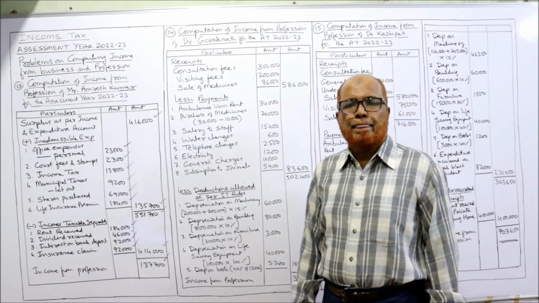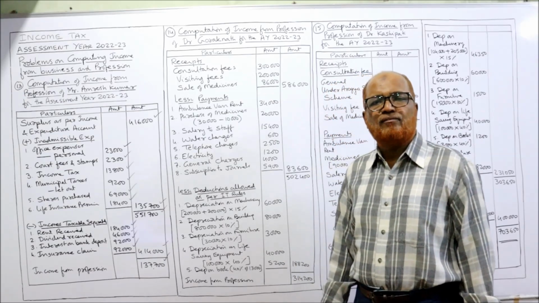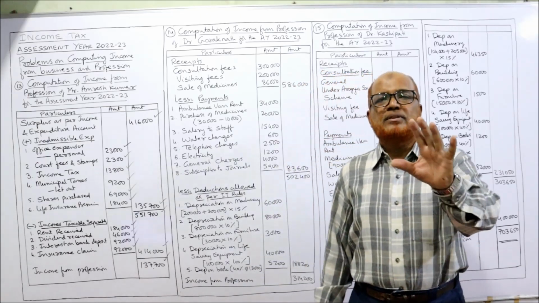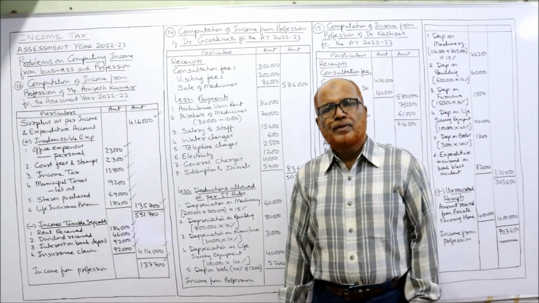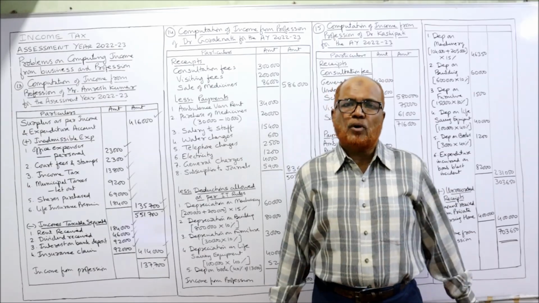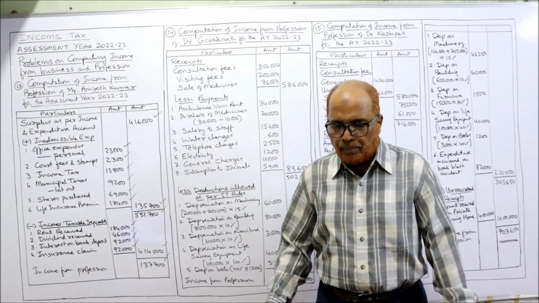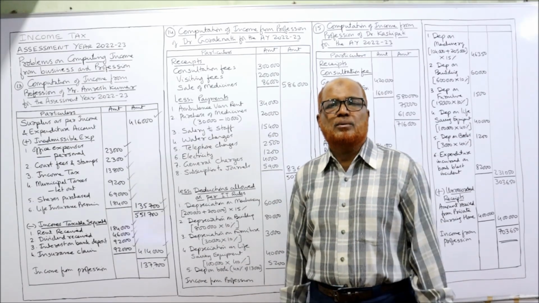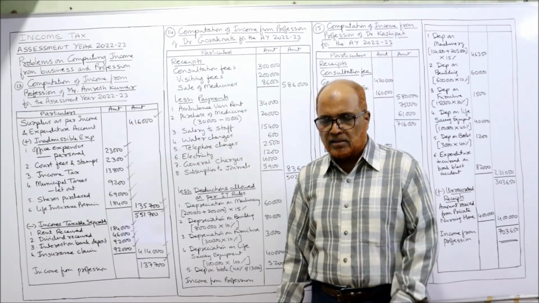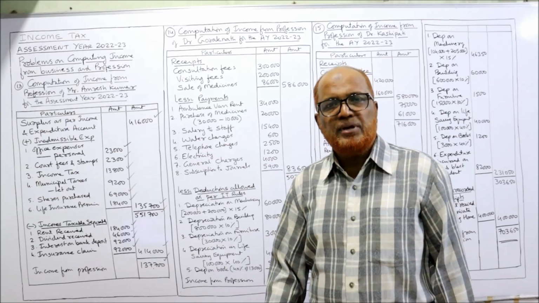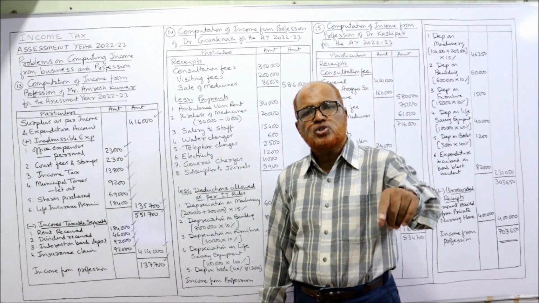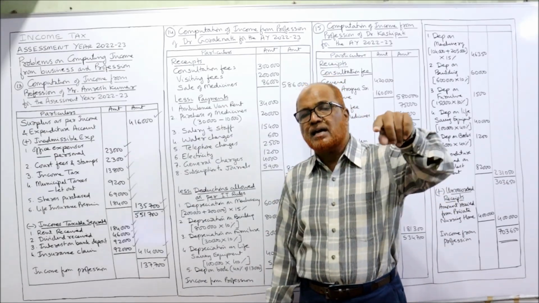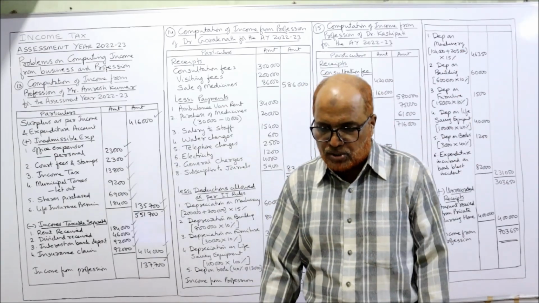But in this problem, in examination, you should not confine yourself only in computing income from profession. Apart from that, you have to write the working notes. In working notes, so many points you have to write. Example, this legal fees, examiner fees are the professional incomes. We should not consider. Then insurance claim is a personal expense. Interest on bank deposit is taxable under income from other sources.